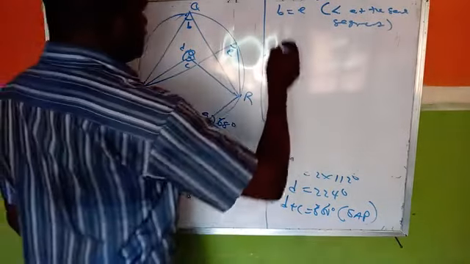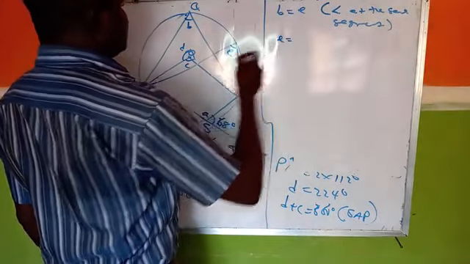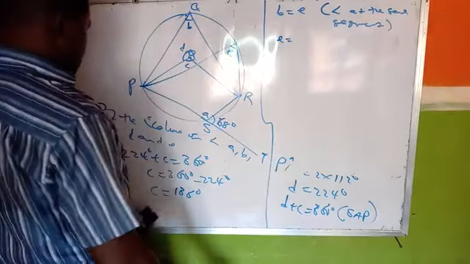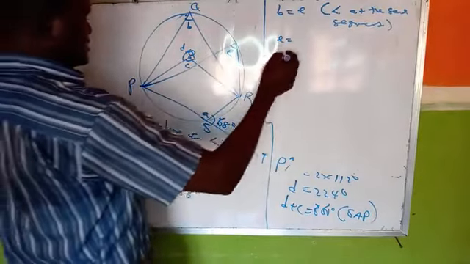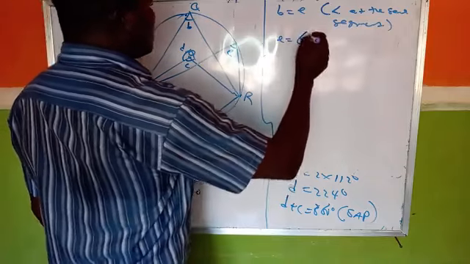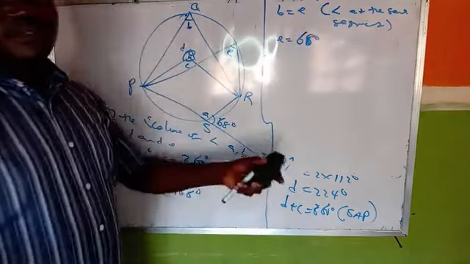So here you have B, the value of which is 68 degrees. That's it. It's so simple.